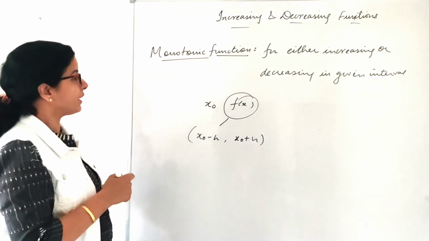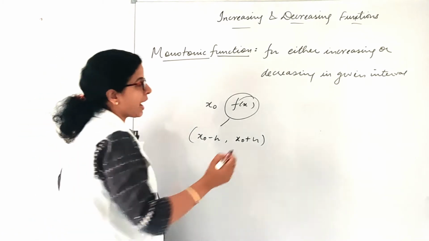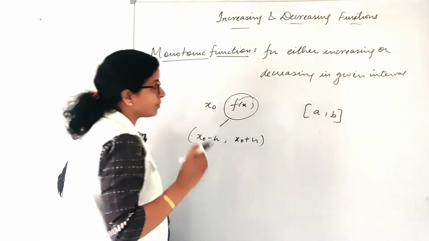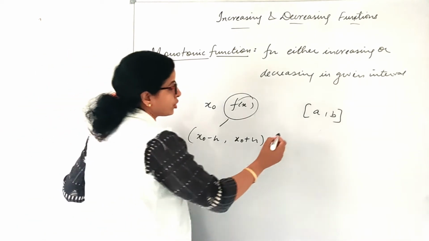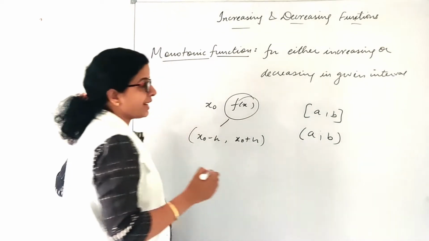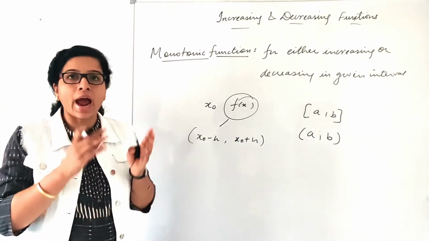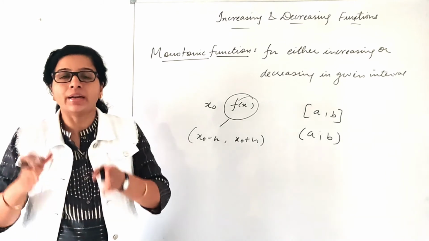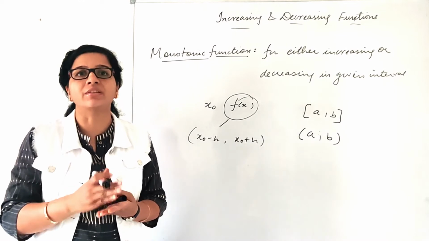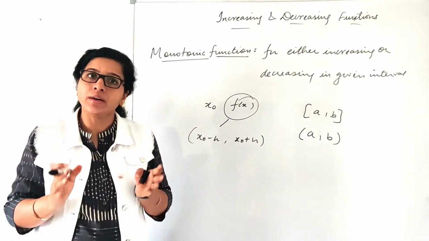Now if we discuss the monotonicity of a function on closed interval [a, b], then it means that f(x) should be increasing in between a and b. Also it should be increasing or decreasing at a and at b. Then only can we say that my function is increasing or decreasing in the closed interval [a, b].